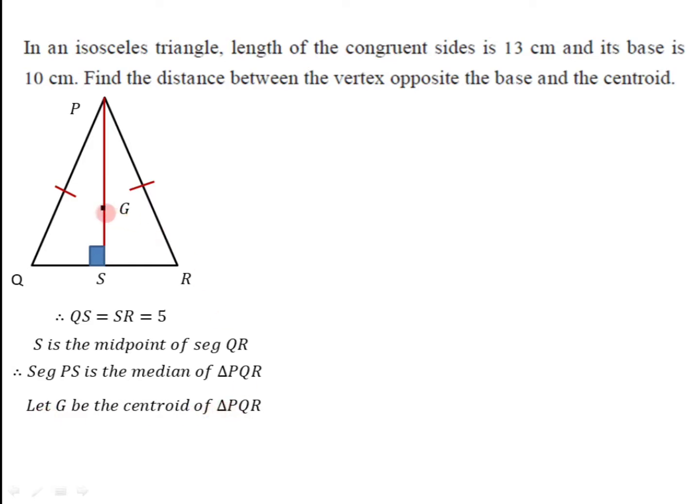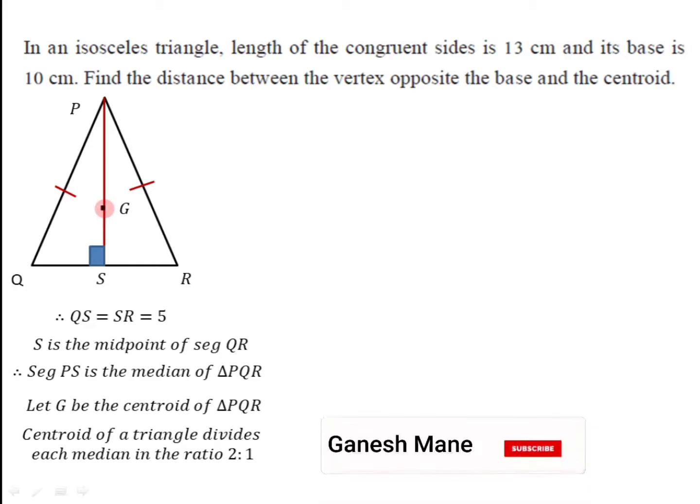So let us consider point G, which is the centroid of triangle PQR, and also we know one property of a centroid of a triangle, that is the centroid of a triangle divides each median in the ratio 2:1. Now as G is the centroid and PS is a median, point G must divide segment PS in the ratio 2:1. That means PG must be 2/3 of segment PS.